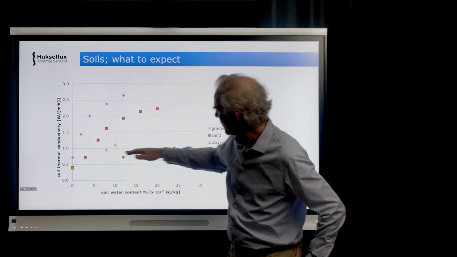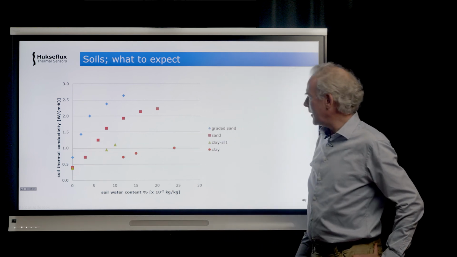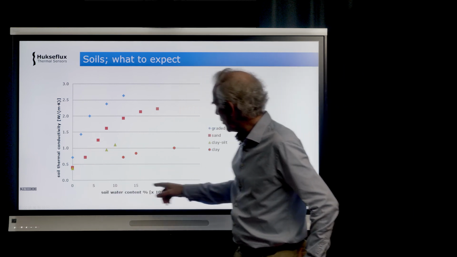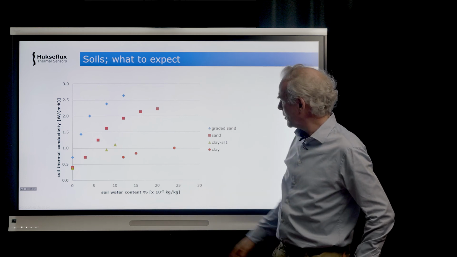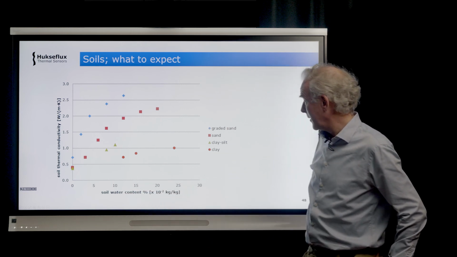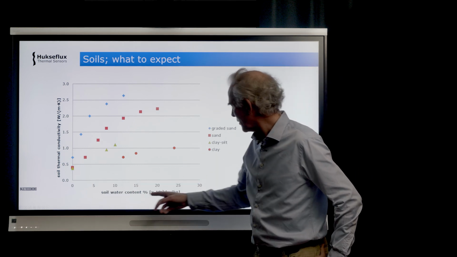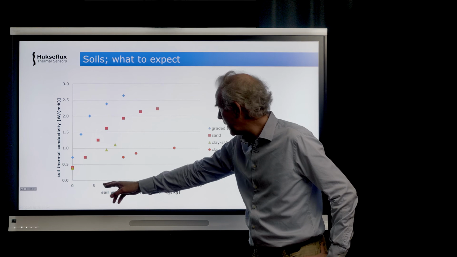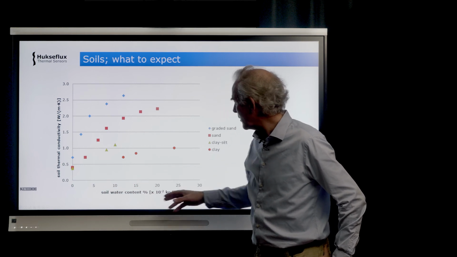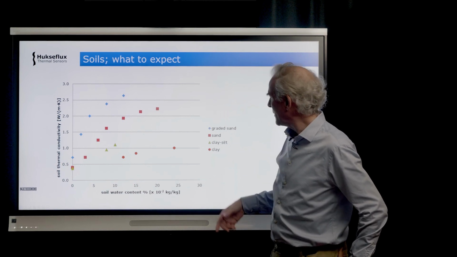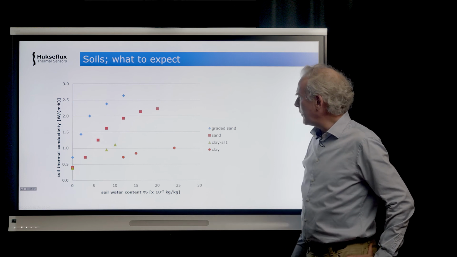Water is 0.6. Here on the horizontal axis, the soil water content, well, you could read it as percentage. So 5%, 10% by weight.